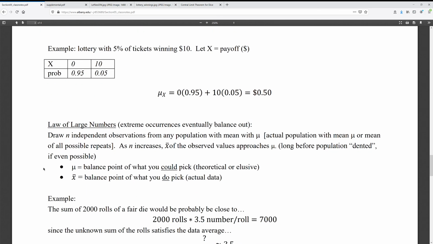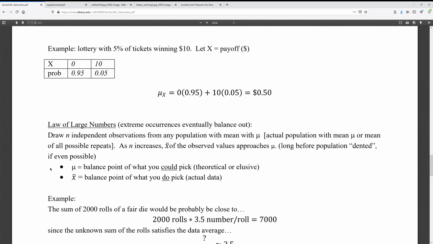Before I get into the jargon of it, all this is saying is that the more you pick, the more true it is that the average of what you do pick will close in on the average of what you could pick. So think of X bar as the actual data average.